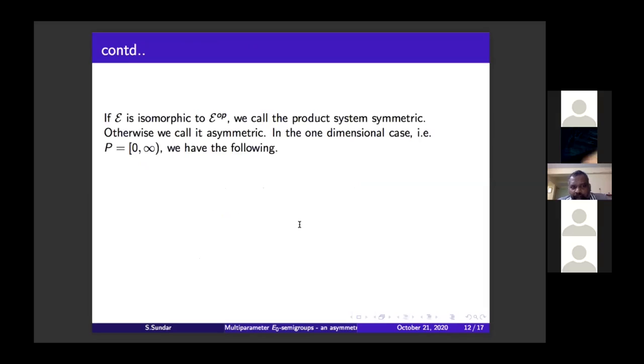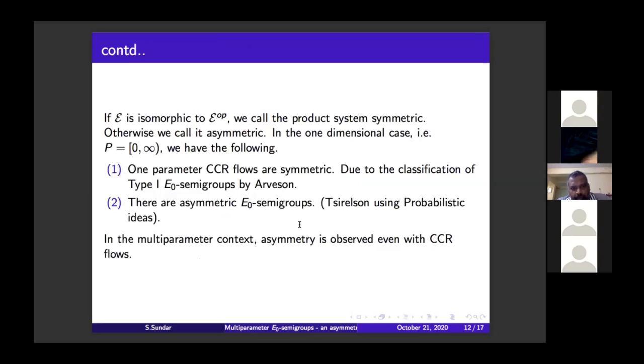In the one-dimensional case, what do we know? One-dimensional case means P equals the half line. The one-parameter CCR flows are symmetric. So if you take a CCR flow in one parameter, then its opposite is isomorphic to itself.